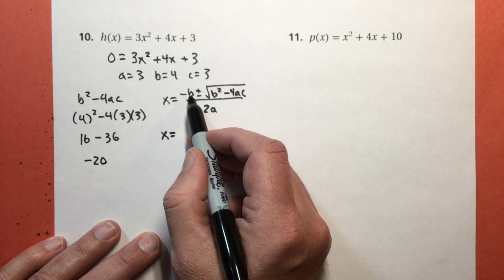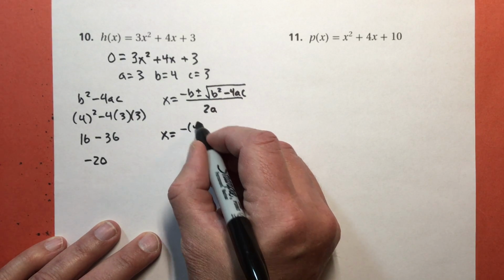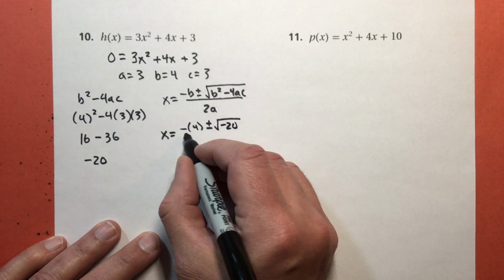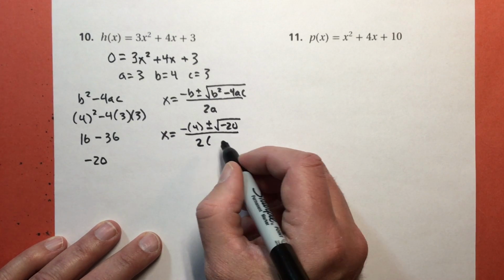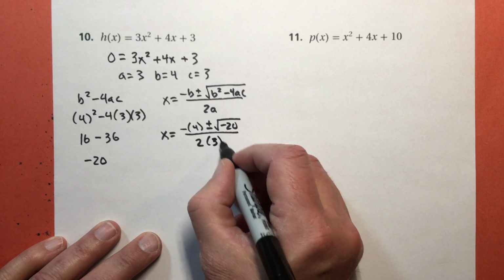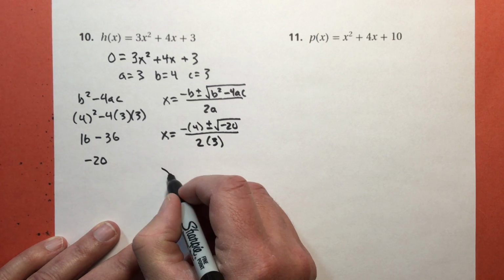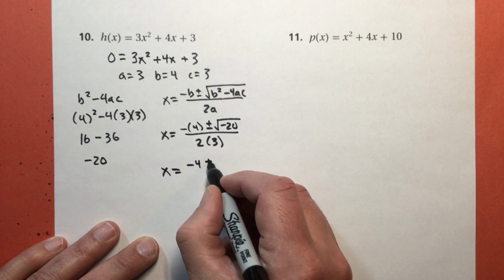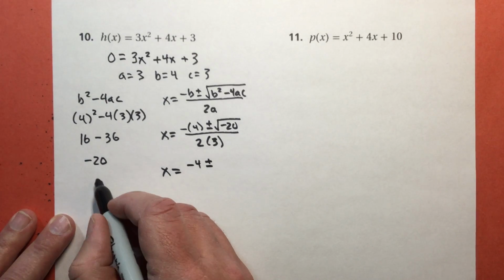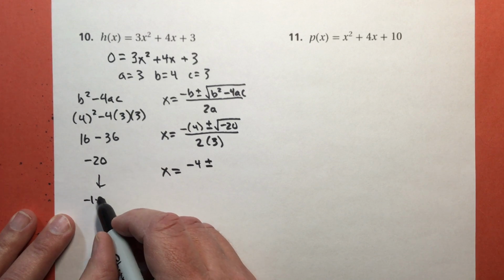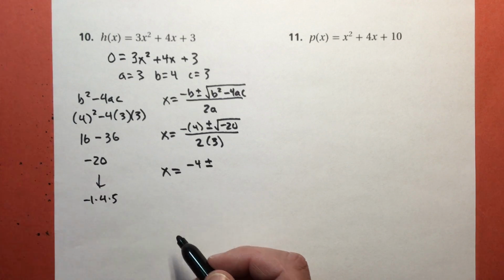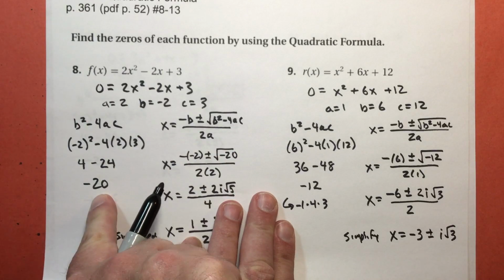So I get the opposite of b, which is the opposite of 4, plus or minus the square root of that, which is negative 20, divided by 2 times 3. Opposite, simplify, multiply, so I get negative 4 plus or minus, negative 20 is going to be negative 1 times 4 times 5. And actually I did that one already, because for problem number 8 I got negative 20 also.